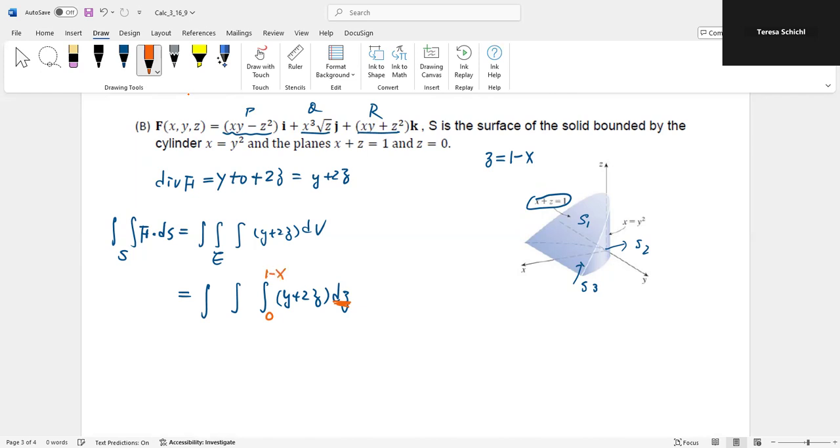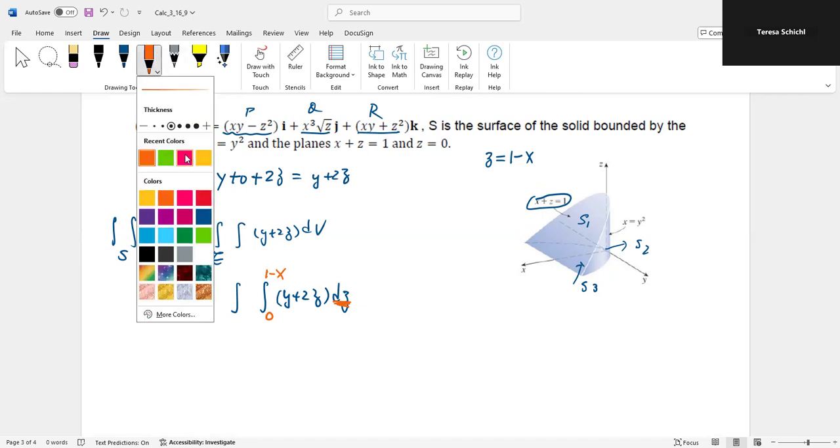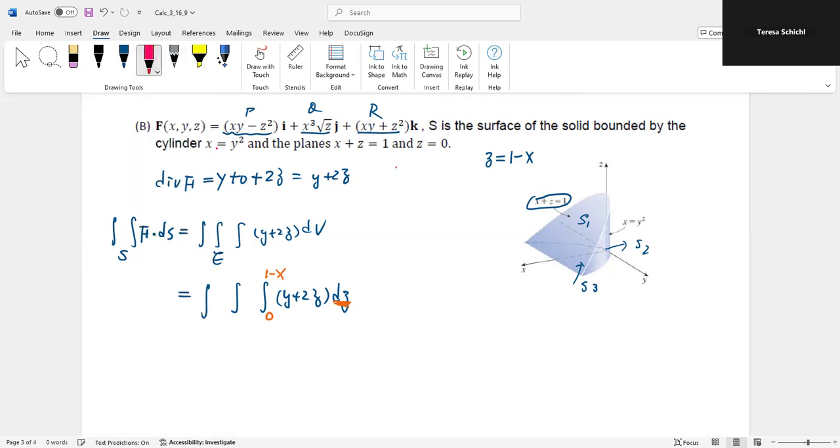Okay, now the next one. Since I have 1 minus x here, let's see how about if I integrate dx. So x is equal to y squared, right? This is the curve.